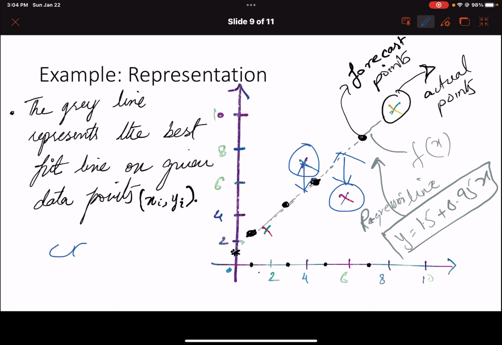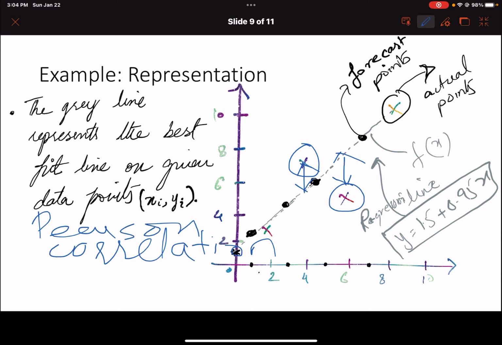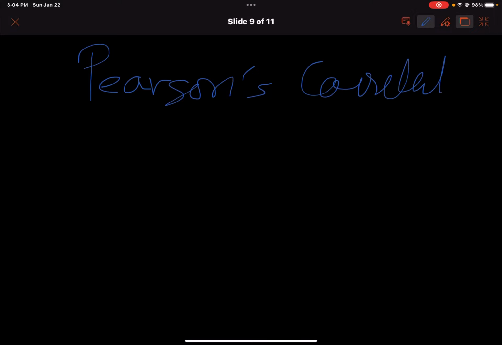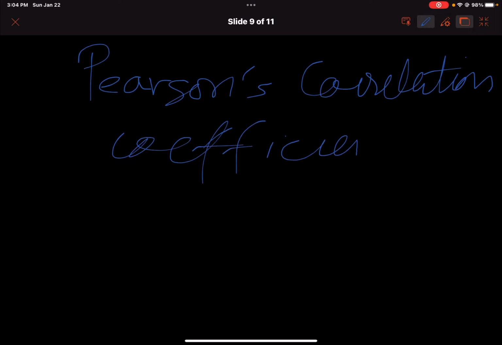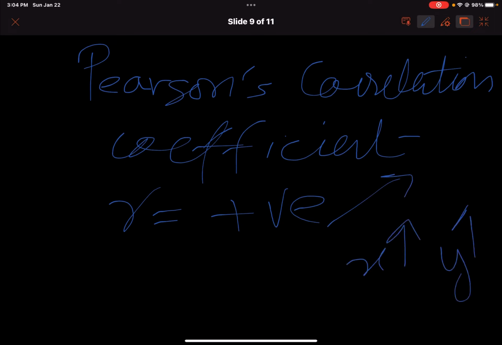And then you were also given the homework of calculating the Pearson correlation coefficient. And for that, you would have found out that with Pearson's correlation coefficient, if the value of R is positive, it means your X increases and your Y also increases.